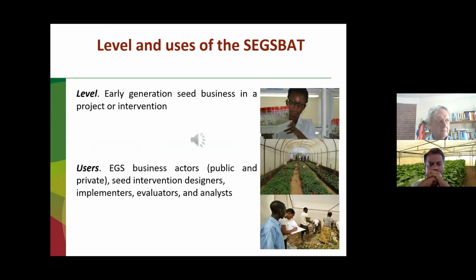In addition to that, if you are introducing any intervention during the project period, we should be able to incorporate those interventions and see how that intervention has influenced the early generation seed business. And normally this tool is used by the public sectors or whoever is into the early generation seed business. They all can utilize this tool and understand the performance of early generation seed business.